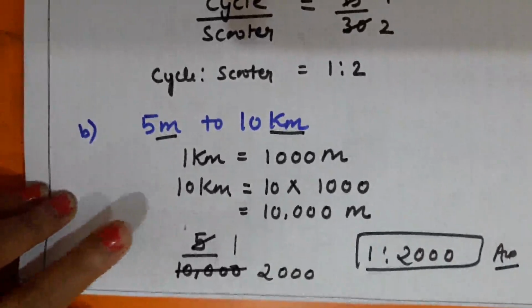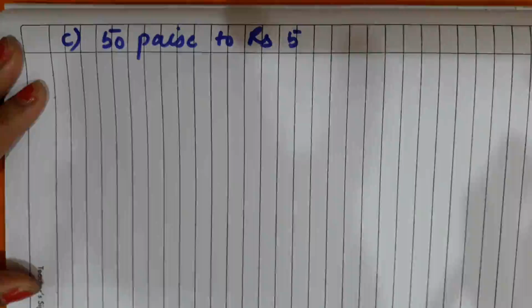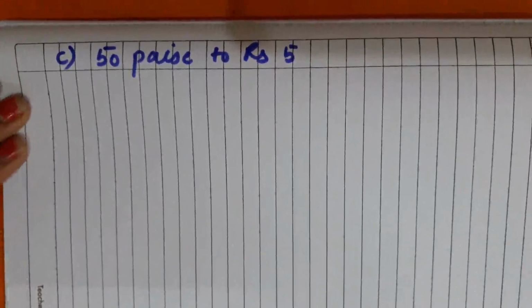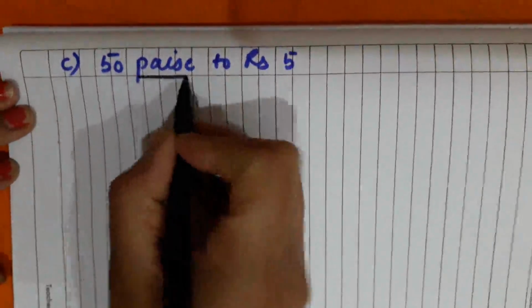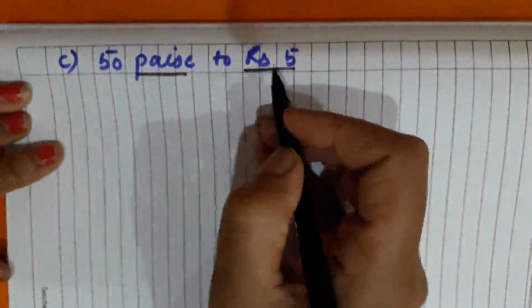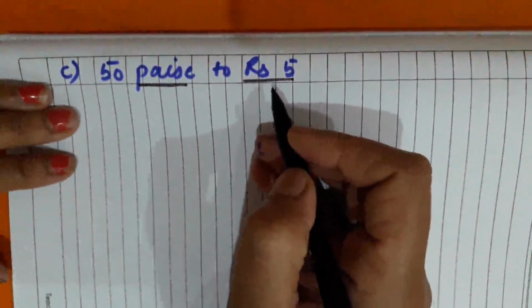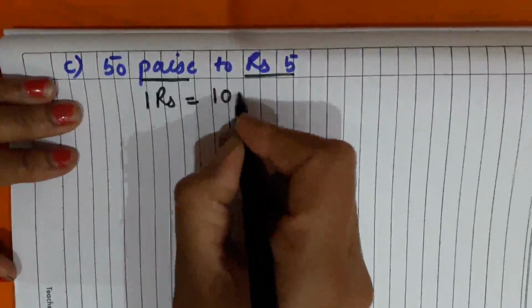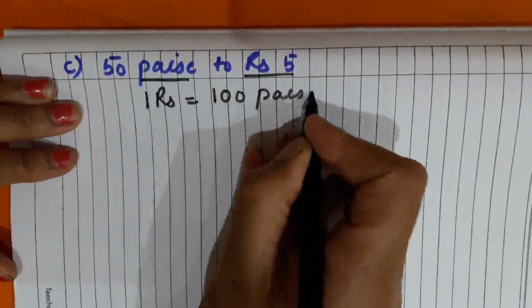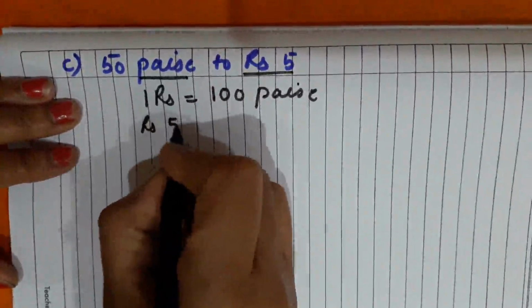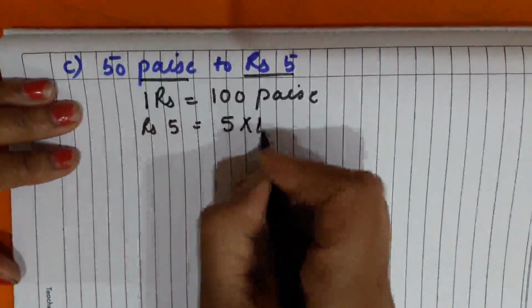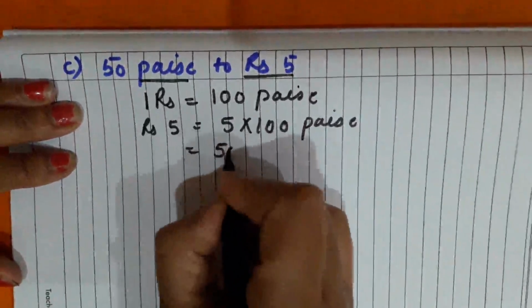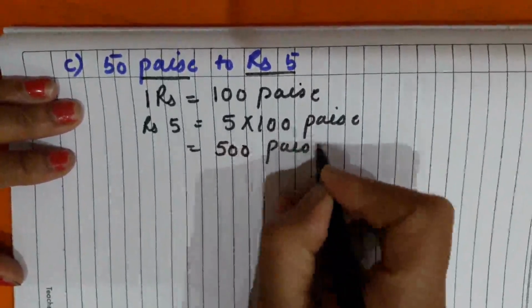Okay, let's move to the next part. The next part is 50 paise to rupees 5. Now again one is in paise and another in rupees, so you have to convert rupees into paise. 1 rupee is equal to 100 paise. So rupees 5 is equal to 5 into 100 paise, so you will get 500 paise.